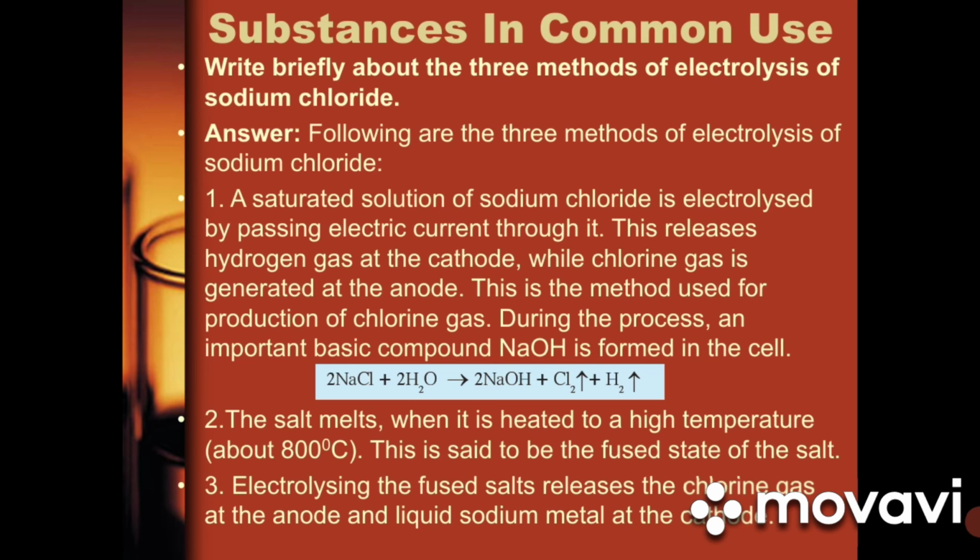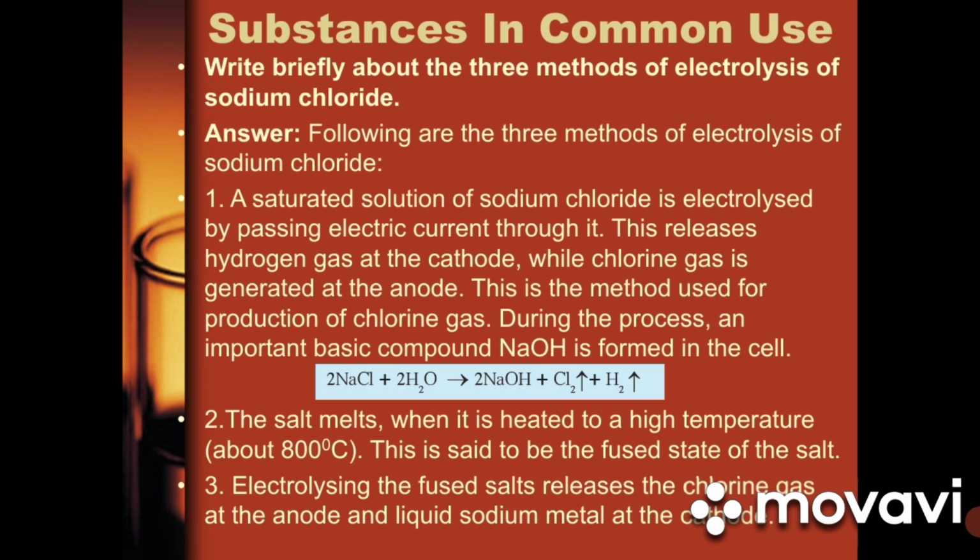This is the method used for production of chlorine gas. During the process, an important basic compound, NaOH, that is sodium hydroxide, is formed in the cell. The chemical reaction is 2NaCl plus 2H2O gives 2NaOH plus Cl2 plus H2.